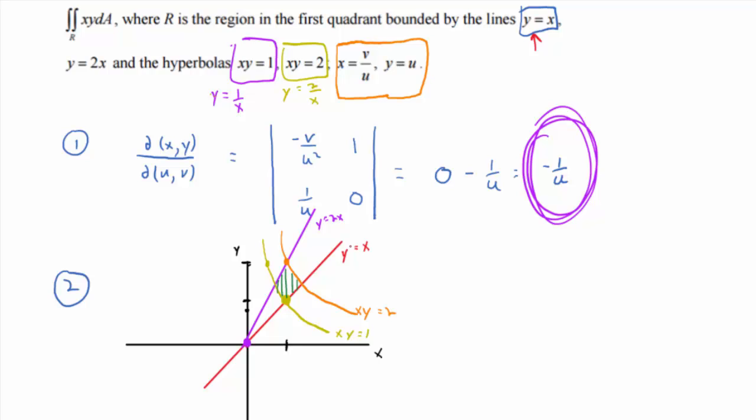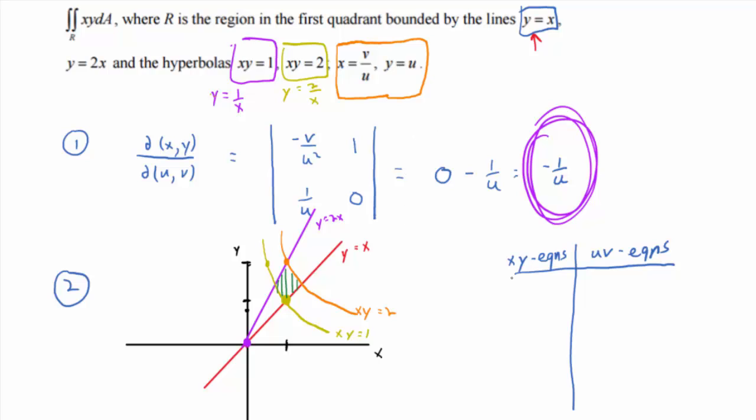So that green region is R, and we want S. So let's think about how we could get that. I'm going to set up my XY equations on one side, which I have, and my UV equations, which I want.